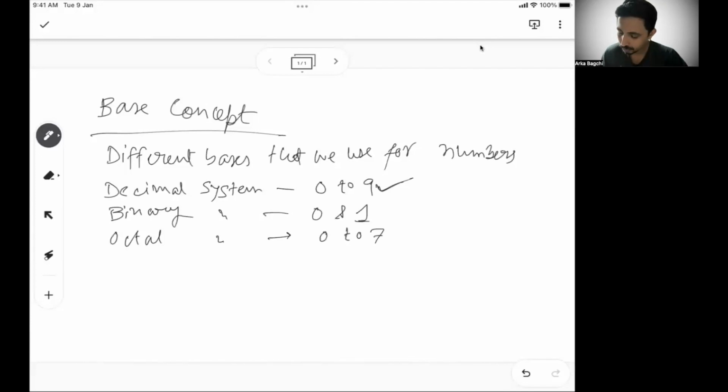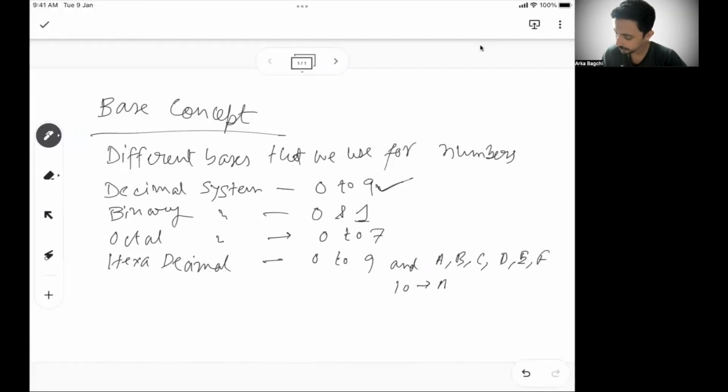So then there are another 2 key base systems, that is hexadecimal. Basically 0 to 9, there are 10 of them, and A, B, C, D, E, F. So 0 to 9 is 10 of them.